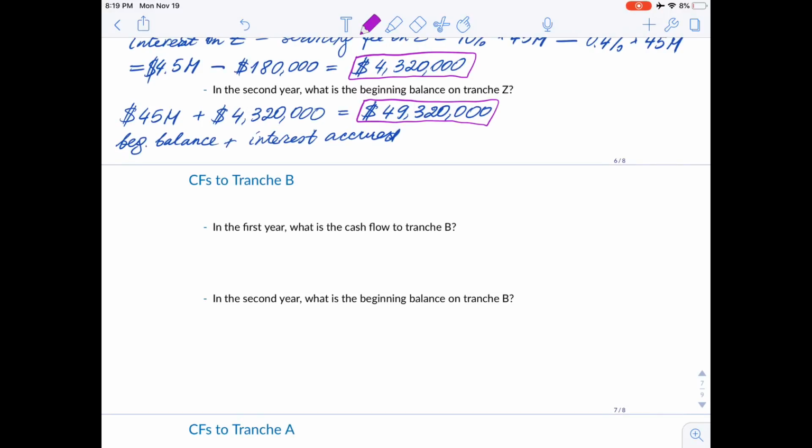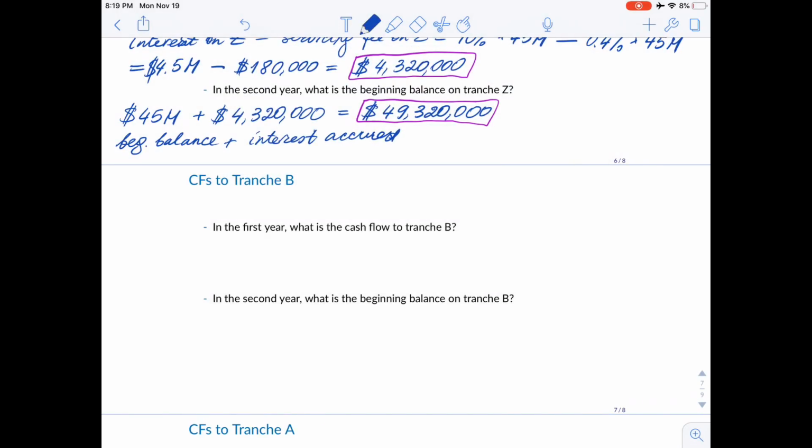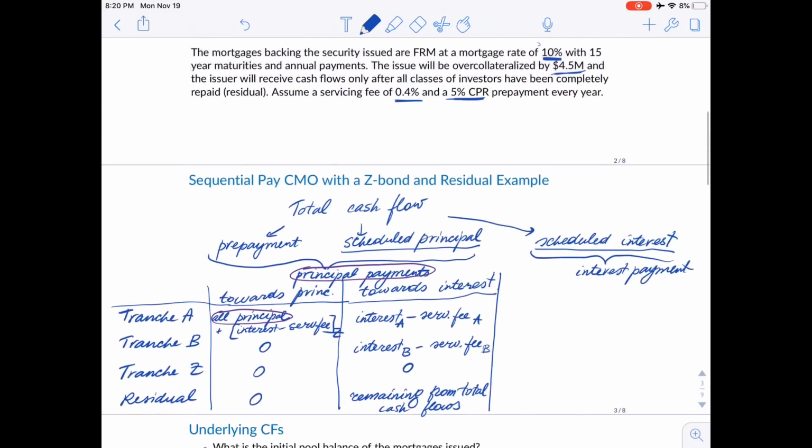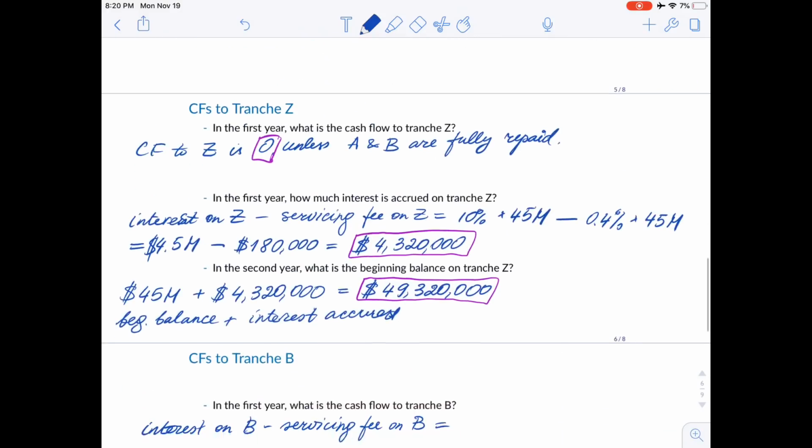Moving on to tranche B. In the first year, what is the cash flow to tranche B? Remember that it's not getting any principal. So the cash flow to tranche B is just the interest on B minus servicing fee on B, right? So the interest rate on B, remember, sorry guys, I have to scroll up, is 9%, and the beginning pool balance is $22.5 million, and the servicing fee is 0.4%.